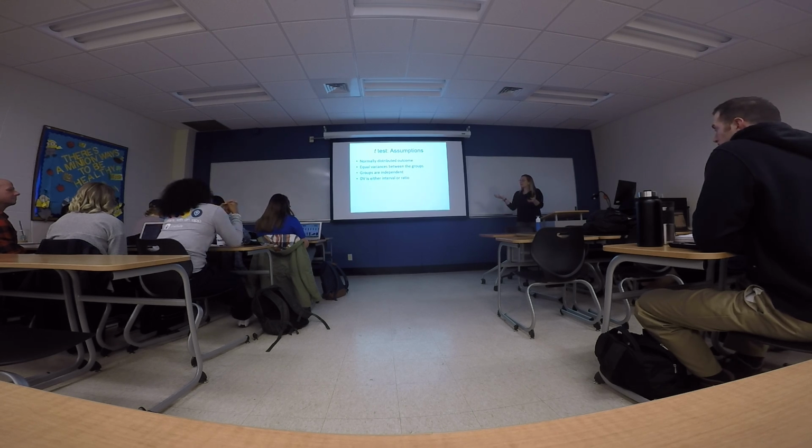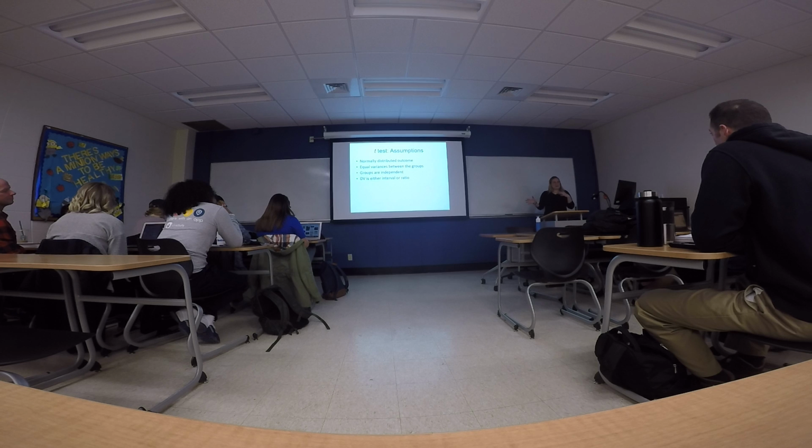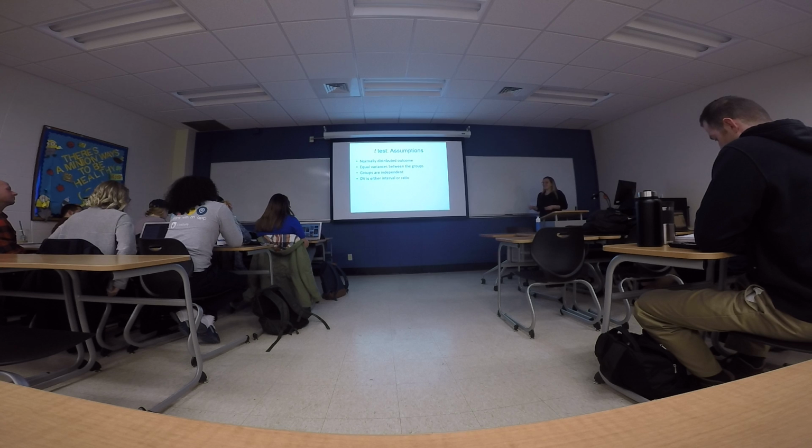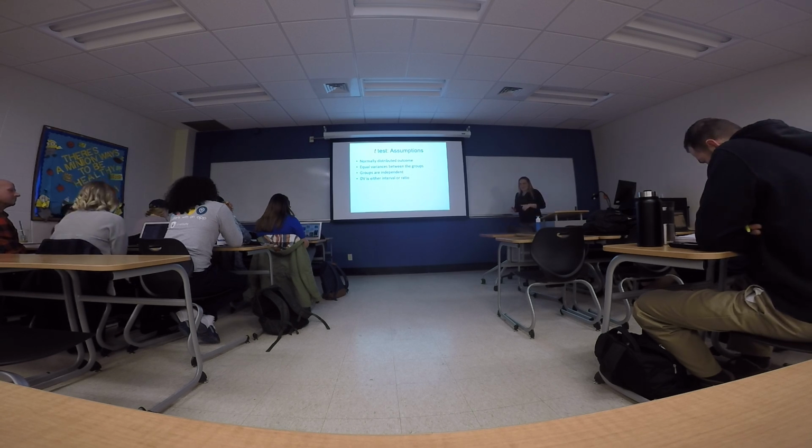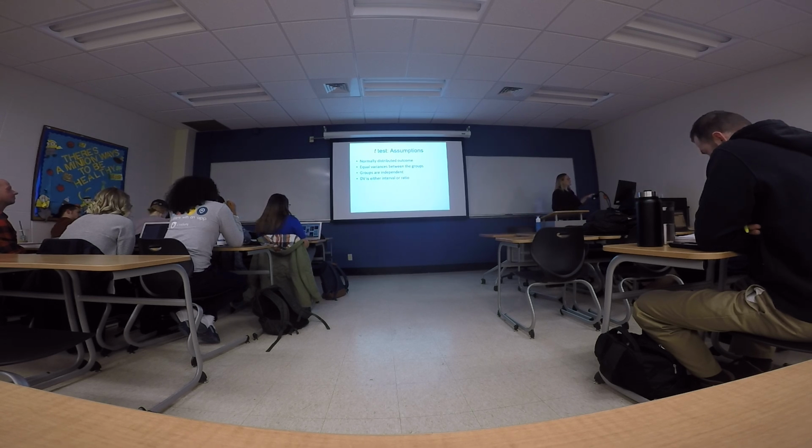If you have different sample sizes in the different groups, then that can become a problem with t-test assumptions. So you want to try to keep the same number of participants in each group. Also, the groups need to be independent. So in my case, the couples, not independent, violates this assumption. Don't do a t-test. It wasn't a t-test, by the way. And then the dependent variable needs to be interval or ratio.